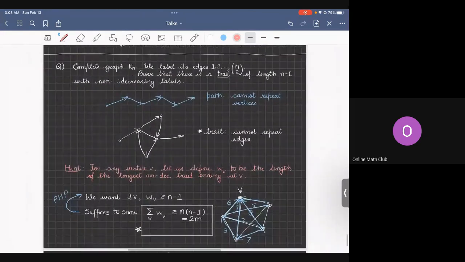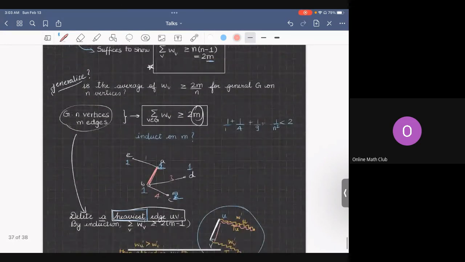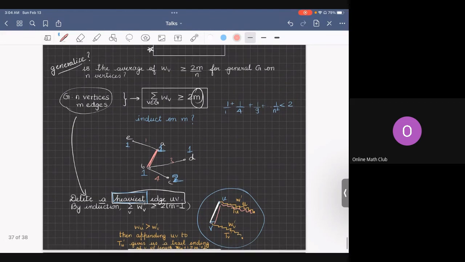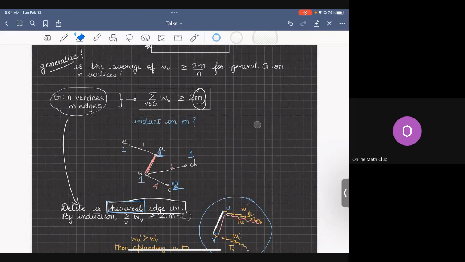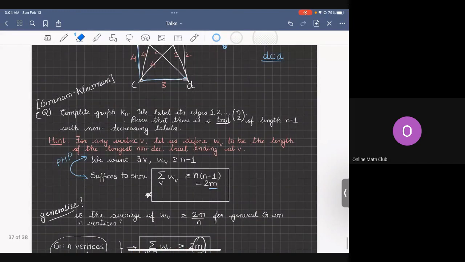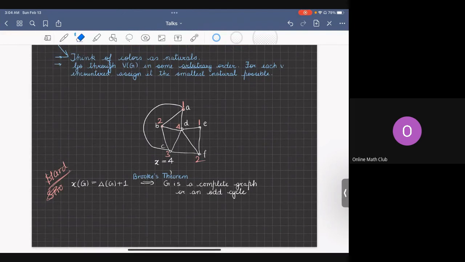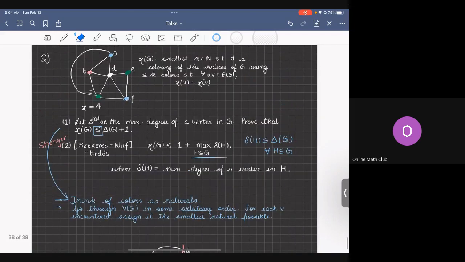For example, I really like this question because it combines all the ideas that come up in combinatorics: induction, extremal argument, PHP, generalizing the question, even though sometimes that might seem absurd. Questions? Hopefully, none of these questions you've seen before. This first part I put just to emphasize the fact that the second part is stronger. This is sort of famous in some sense.